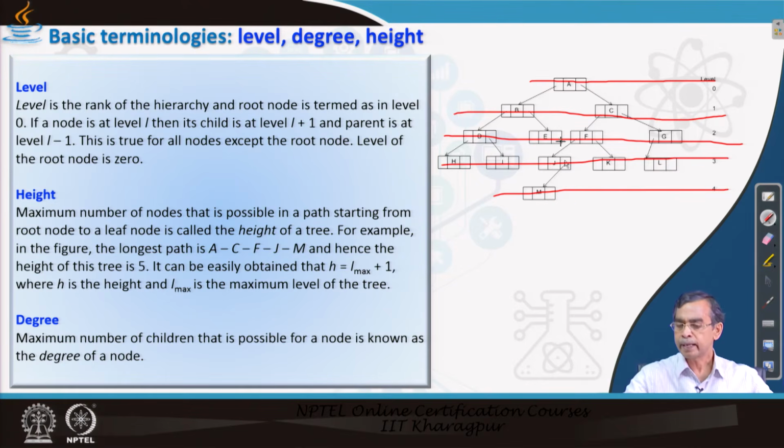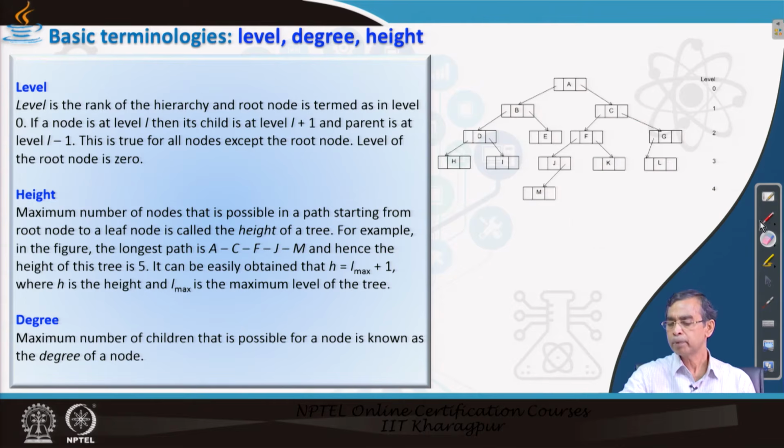Now degree: every node has a number of links, or subtrees actually. The number of subtrees that a node has is called the degree of this node. Now in this example, here is a node.